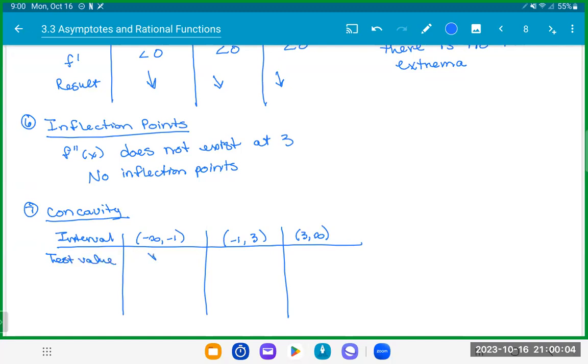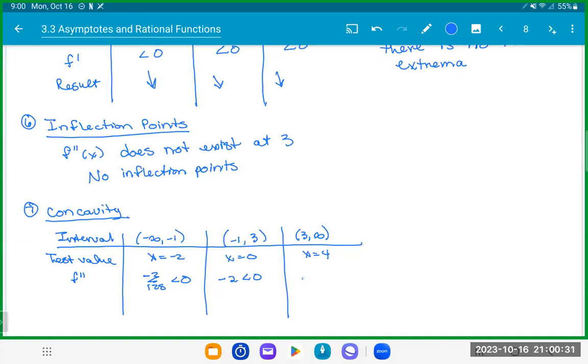For test values, we can use the same ones: x equal to -2, x equal to 0, x equal to 4. Our second derivative then gives me -2/125, so that's less than 0. This one ends up being -2, so that is less than 0.